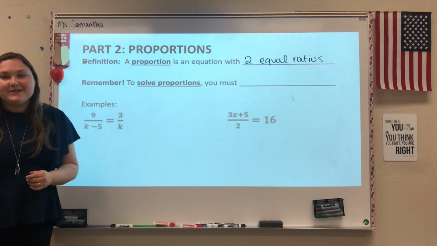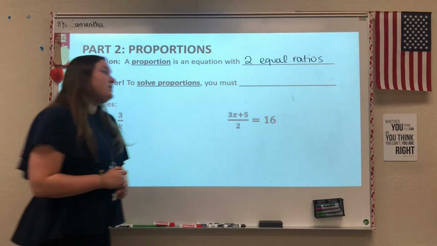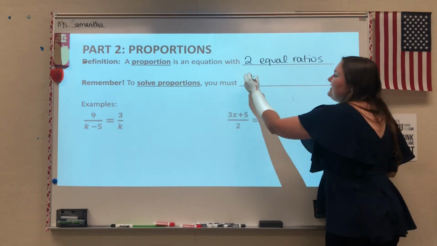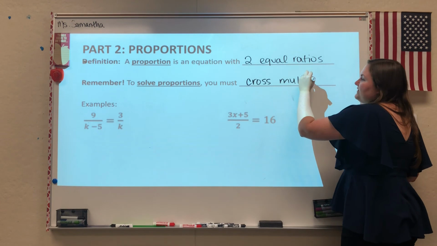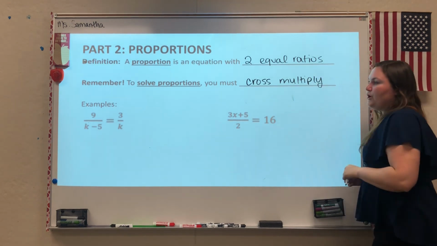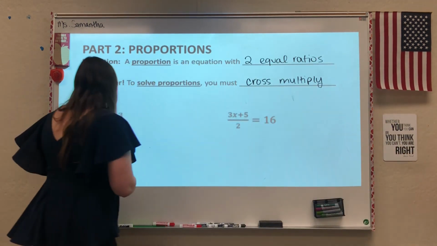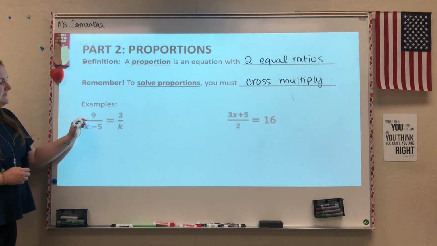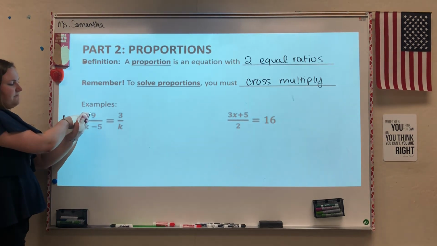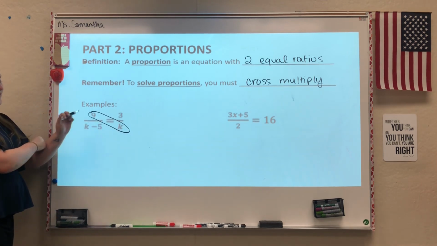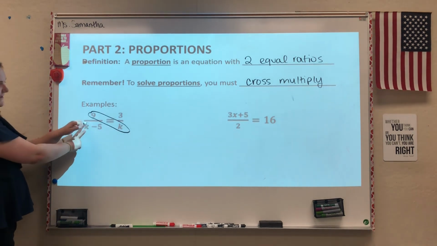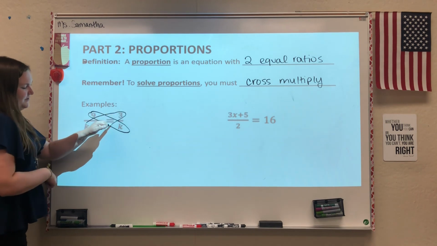Anytime you're talking about solving proportions, the trick a lot of students use is something called cross multiply. Cross multiply looks like this. You would want to multiply this term with what's across from it, and then it will equal this times the term across from it.